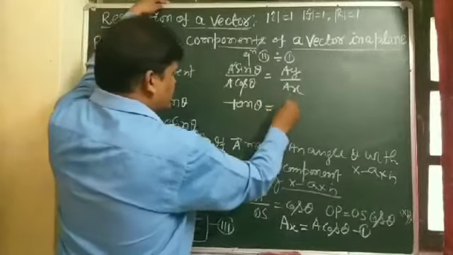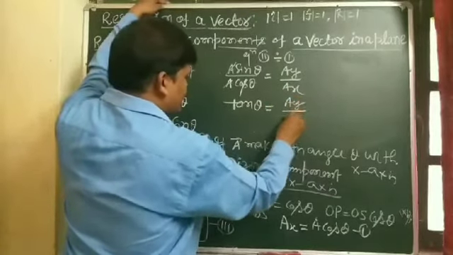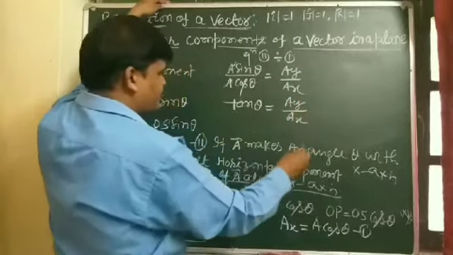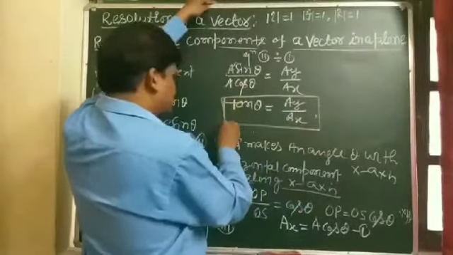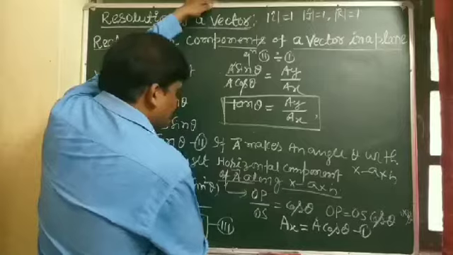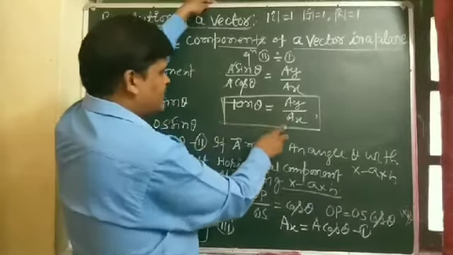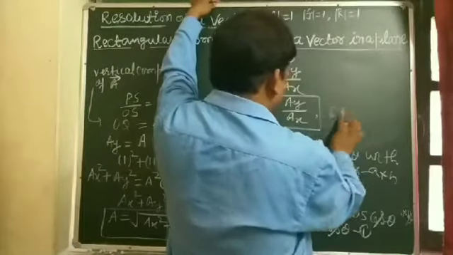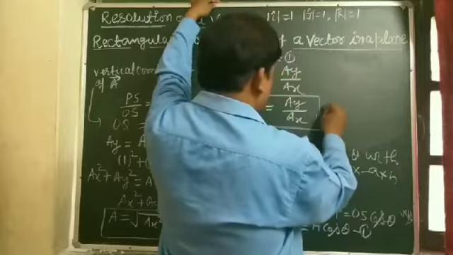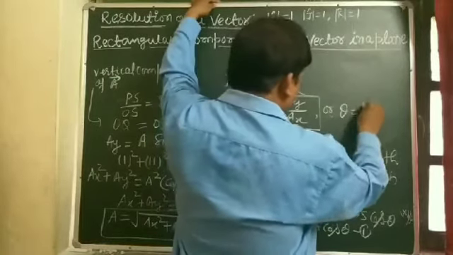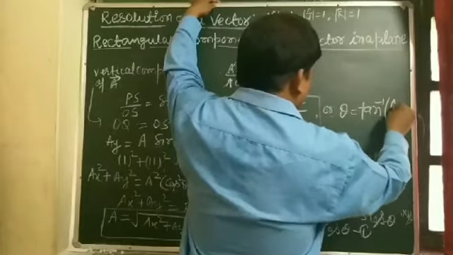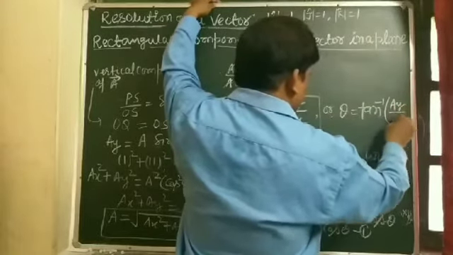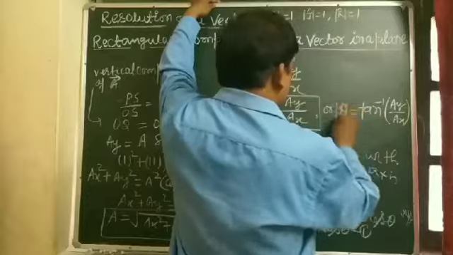So tan theta equals AY by AX. This is the formula for finding the direction of the resultant vector: theta equals tan inverse AY by AX.